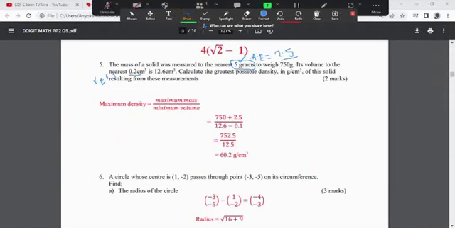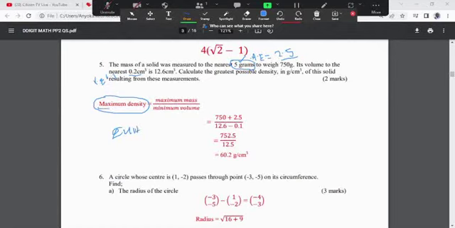So how do you find density? Density from form 1 is equal to mass over volume. But now when it comes to quotient, we are dividing two numbers, so we get a quotient. How do you find maximum quotient?